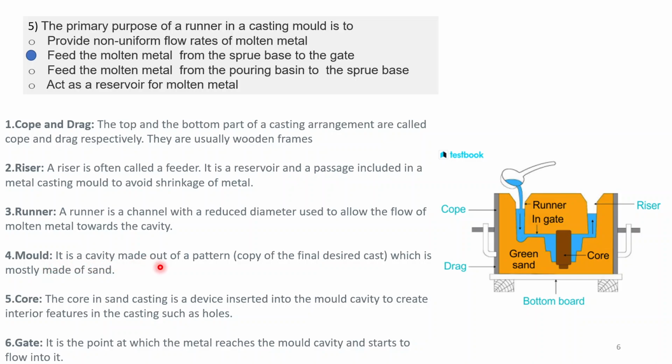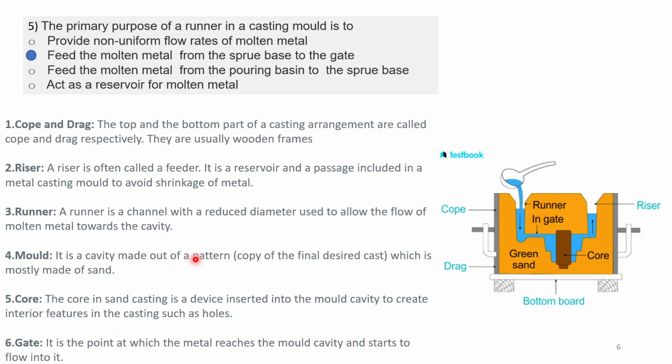It is a cavity made out of a pattern. Firstly you will be making a pattern with a similar shape. Dimensions will vary because of the allowances that you will be providing to the pattern, because there will be certain shrinkage, or there can be draft allowance.